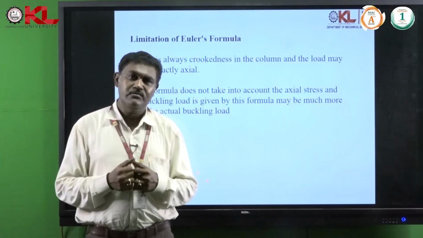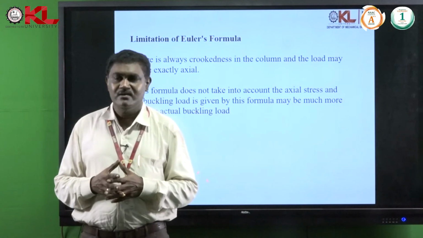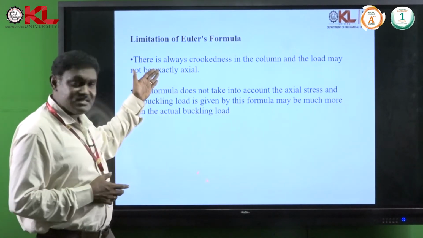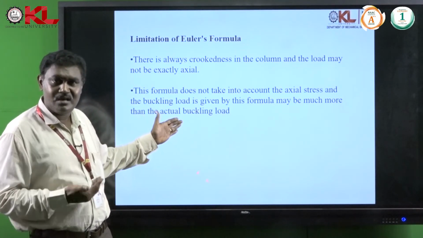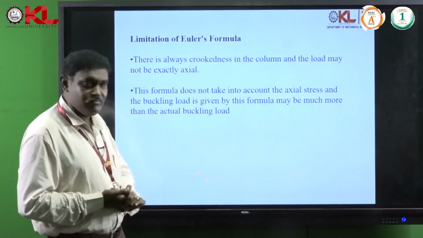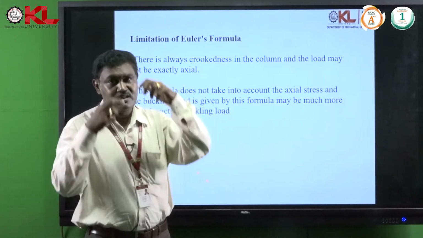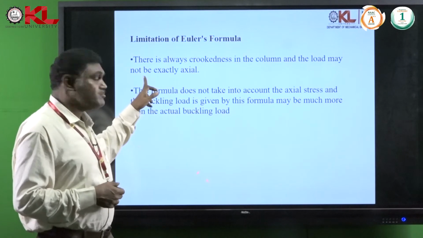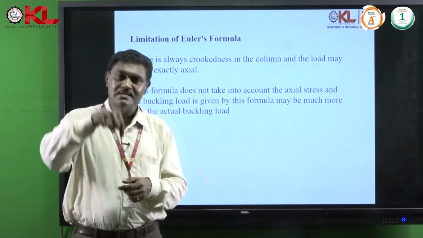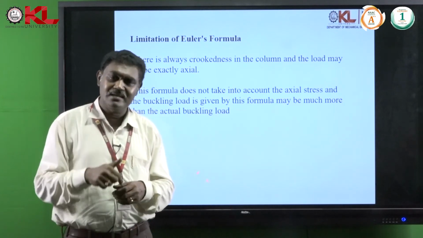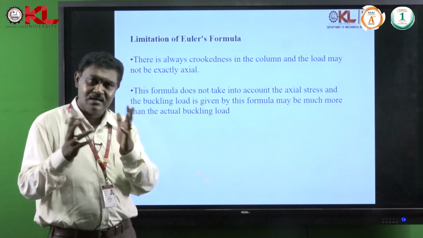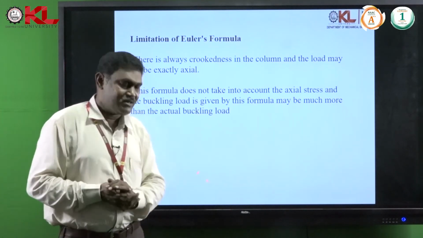Finally, what are the limitations of Euler's formula or Euler's theory? Basically 2 limitations are observed. There is always some crookedness in the column, and the load acting may not be exactly in the axial direction. The load may be slightly away from the axis, and then the formula does not give the actual crippling load.